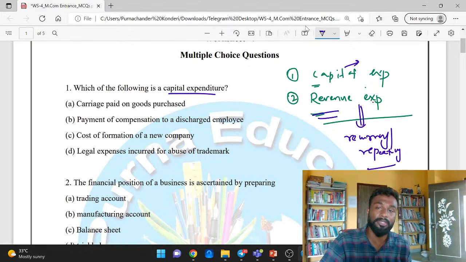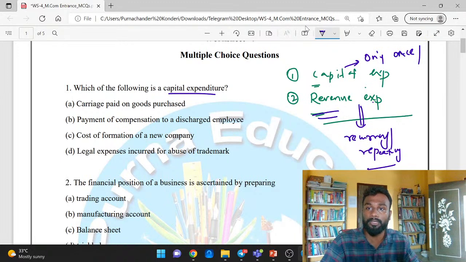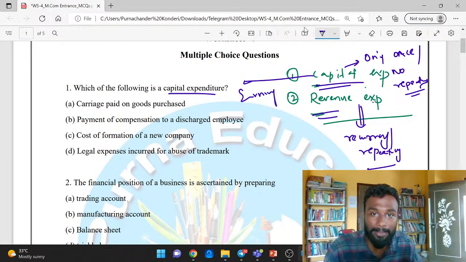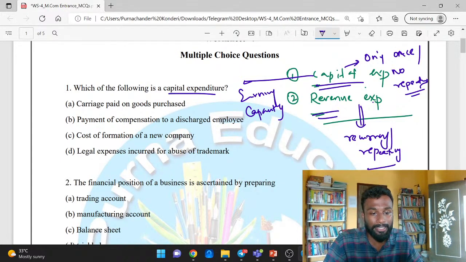Those expenses which are incurred only once, with no repetition, are capital. These capital expenditures are incurred to increase the earning capacity. Whatever expenses we incur for increasing the earning capacity of the business are meant for capital expenses. So let us know what exactly it is all about.